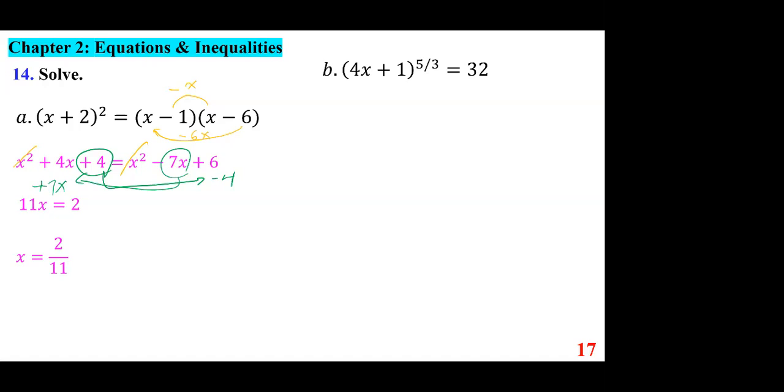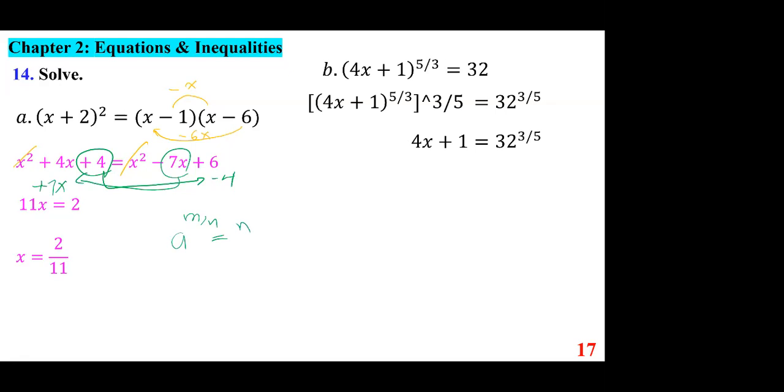So let's raise both sides to the power of 3/5. When you do that, the left side comes out as 4x plus 1, and the right side, let's write it as 32 to the power of 3/5. Okay. And a to the power of m over n is the nth root of a to the power of m. All of them are the same.